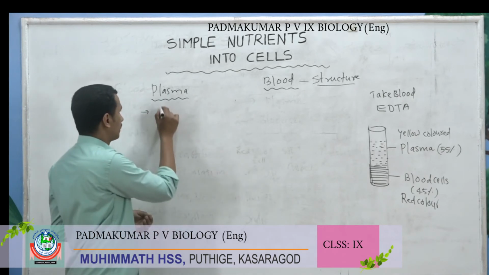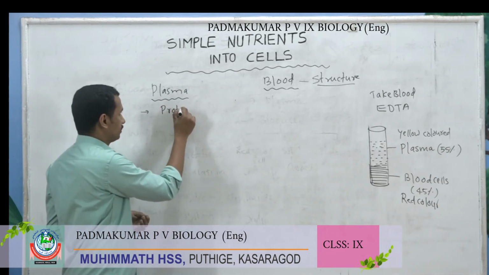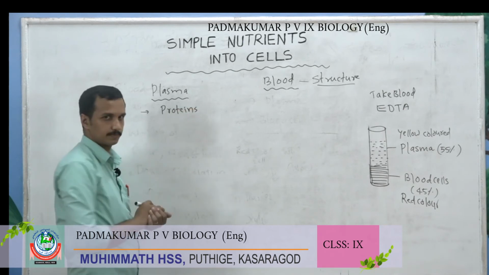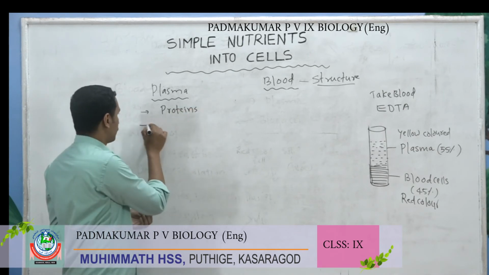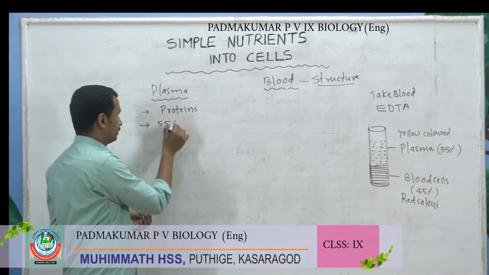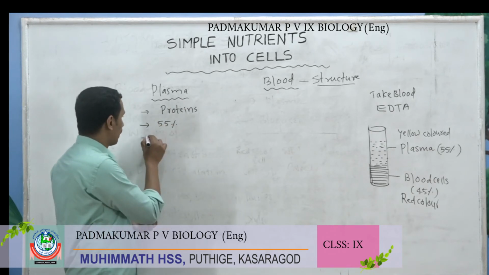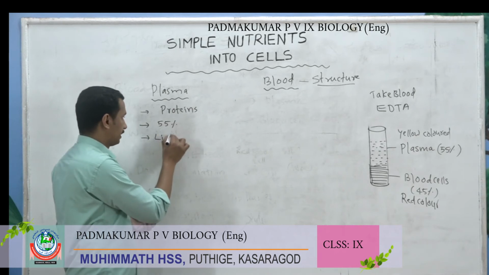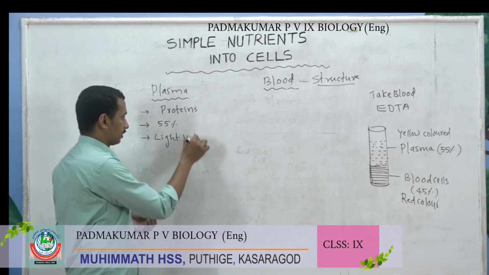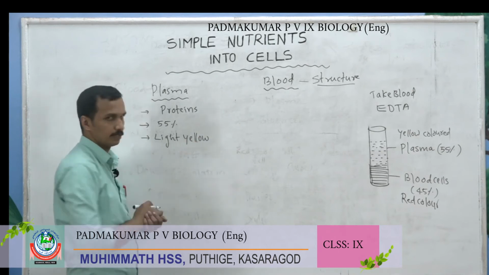Then it is around 55% of human blood. It is light yellow in color.